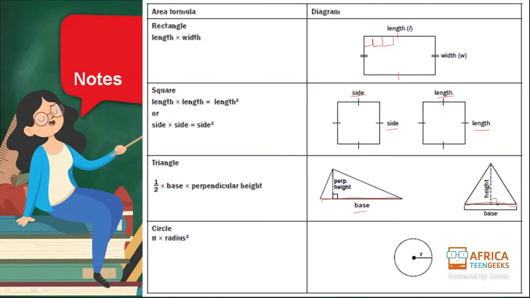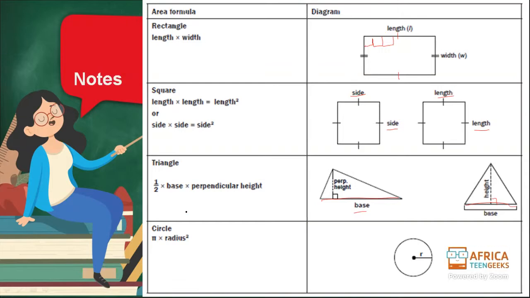So the formula for a triangle is half times the length of the base times the length of the perpendicular height.